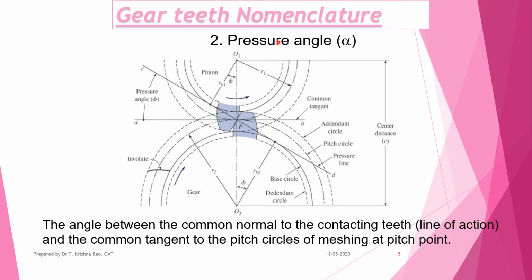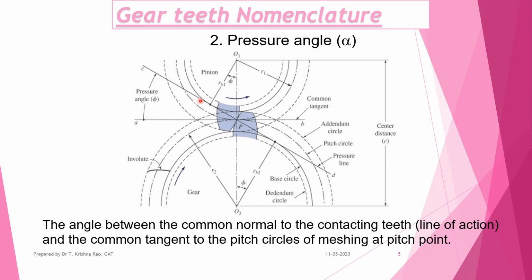Then, the pressure angle is another important dimension for a gear. It is the angle between the common tangents. There is a pitch circle for the pinion and a pitch circle for the gear. They are meeting at this point. If you draw a tangent here, this becomes the common tangent of the pitch circles.